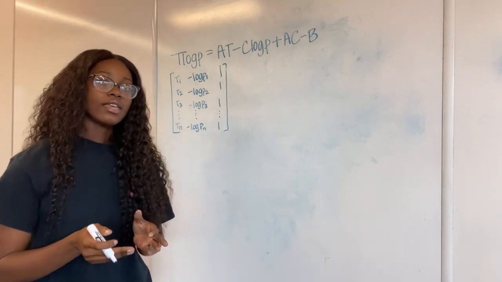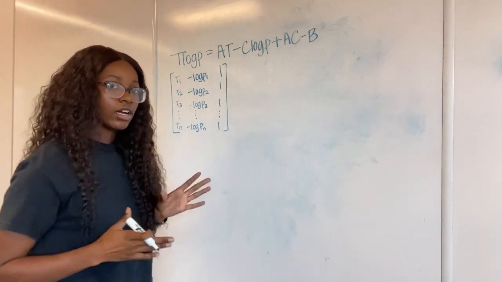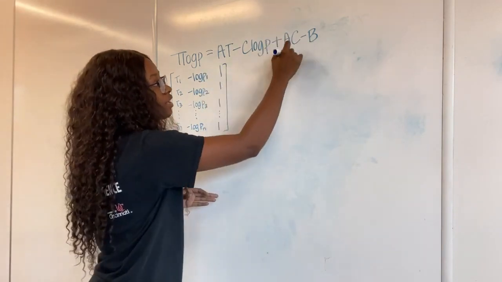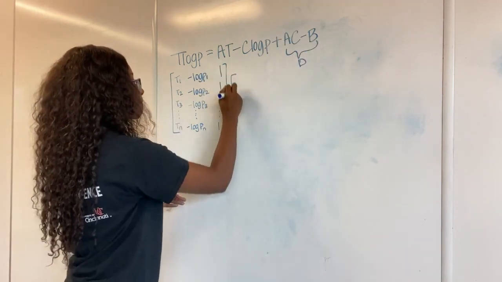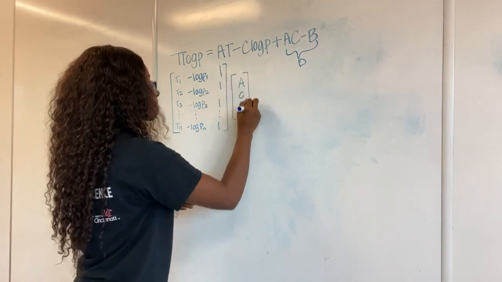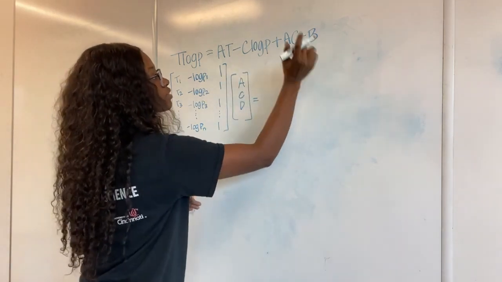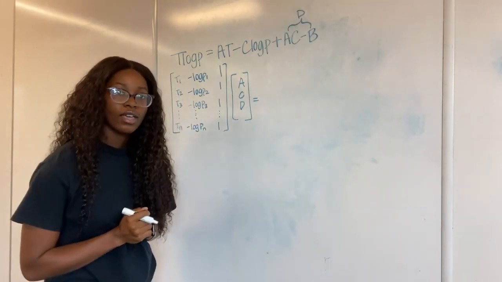So next, we can multiply our design matrix by the vector of our unknown coefficients, A, C, and as we refer to this, D. And actually, I will write this at the top so it doesn't get in the way.